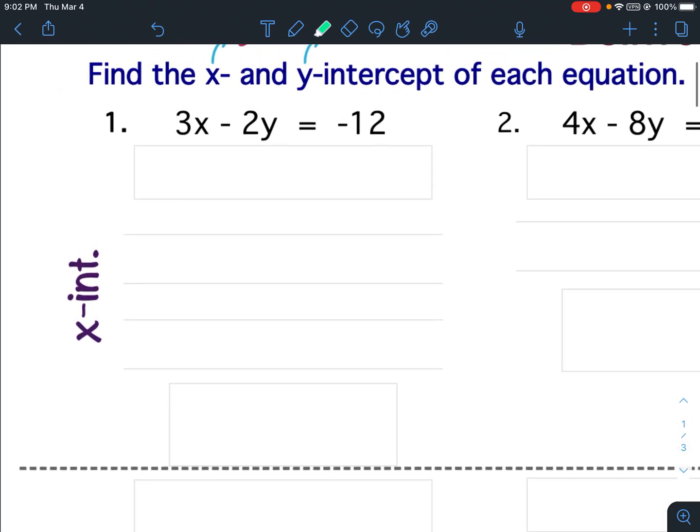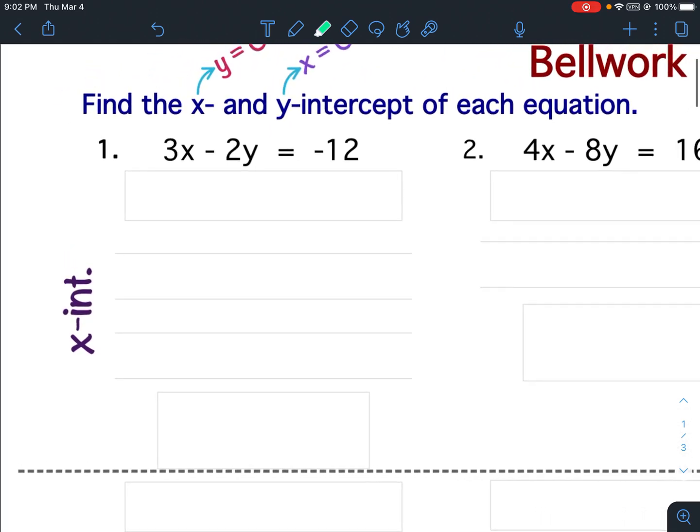Number 1. We are finding the x-intercept, and if we're finding the x-intercept, y is 0. So we plug 0 in for y. Well, when you plug 0 in for y, that's -2 times 0. Anything times 0 is 0.